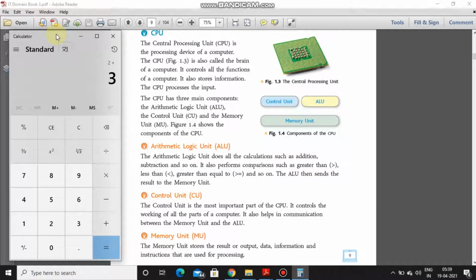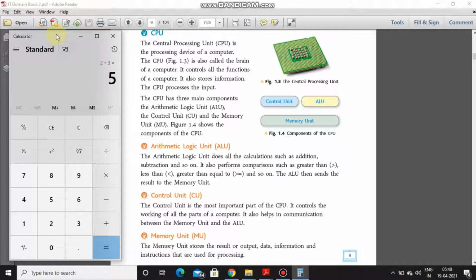So the digits 2 and 3 which I have provided to this program, the calculator, are the input, and addition or plus is the operator. I have provided the input by using the keyboard, or you can say the number pad. Now once I have provided it, as soon as I press enter, as you can see, the output 5 is shown.